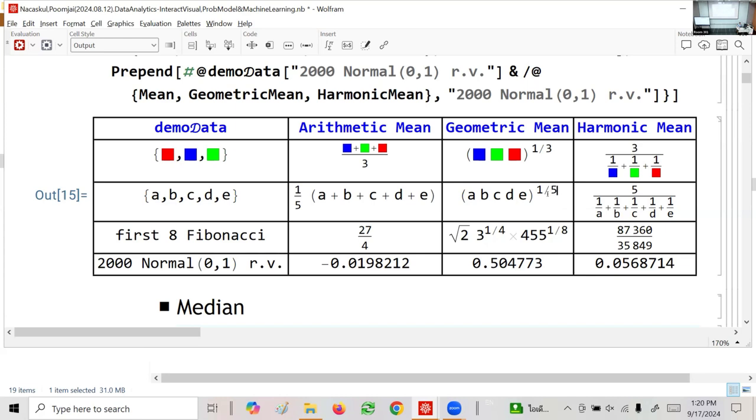This one is more applicable to finance because what happened in one period and the next period is related by multiplication, not addition. In finance, that's how return is calculated. So return is a multiplicative term. So that's why if you want to find an average like this, like historical return.